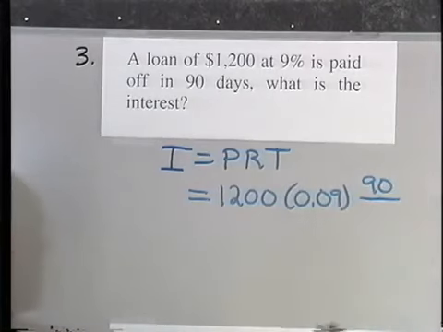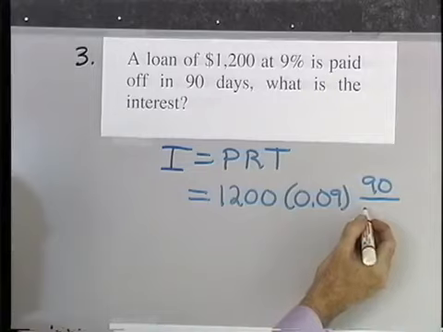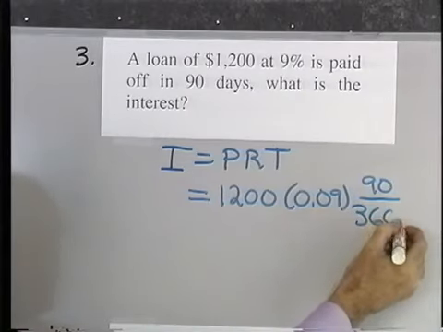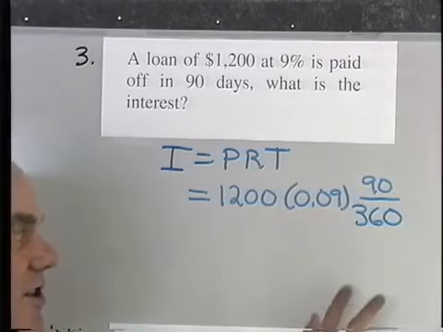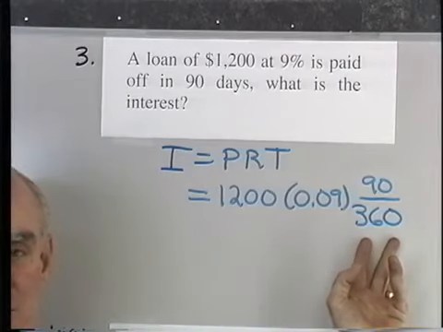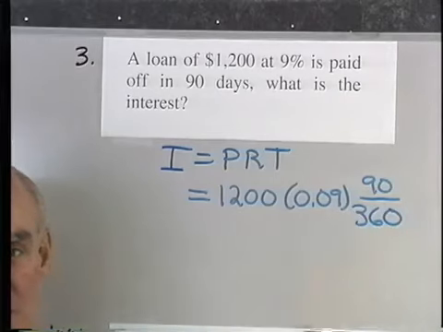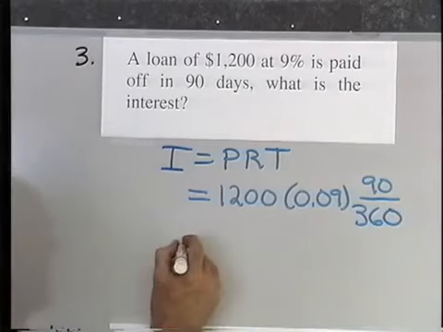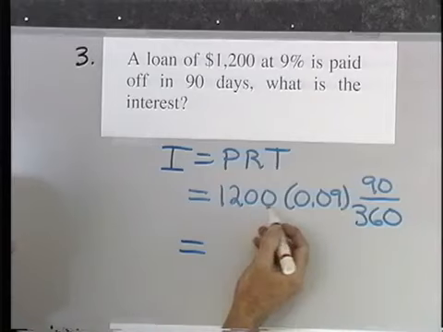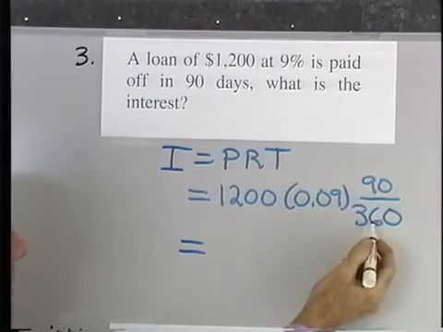90 over, now you might think this should be 365, but when it comes to interest problems, the standard number of days in a year that we use is 360. That might seem a little odd, but that's the way it is, and you have to use 360 in a problem like this. So 90 divided by 360, not 90 divided by 365. Now, I'm going to do this multiplication, 1,200 times 0.09 times 90 divided by 360.